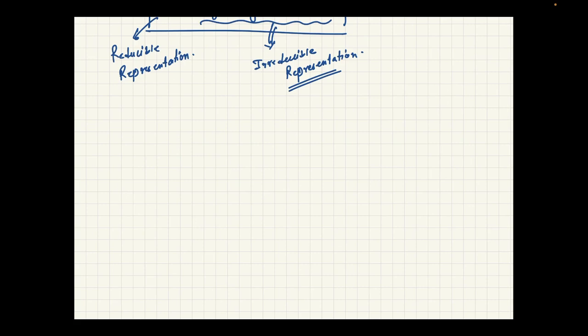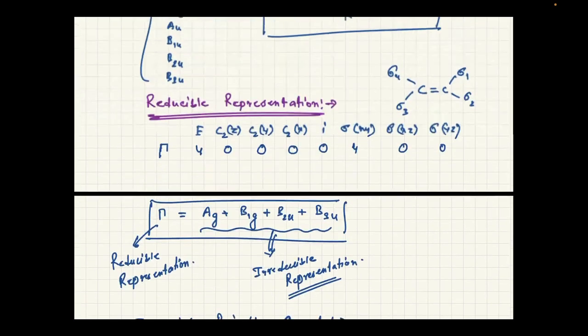So for the incomplete projection operator, let's say P of some irreducible representation, let's say B2U.